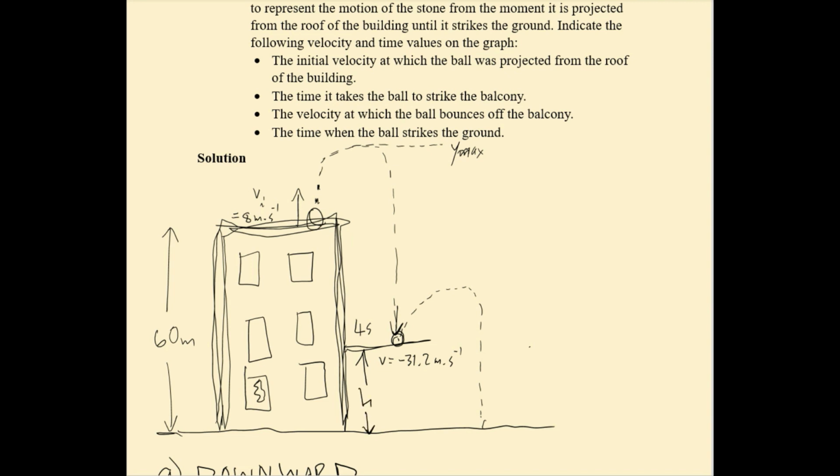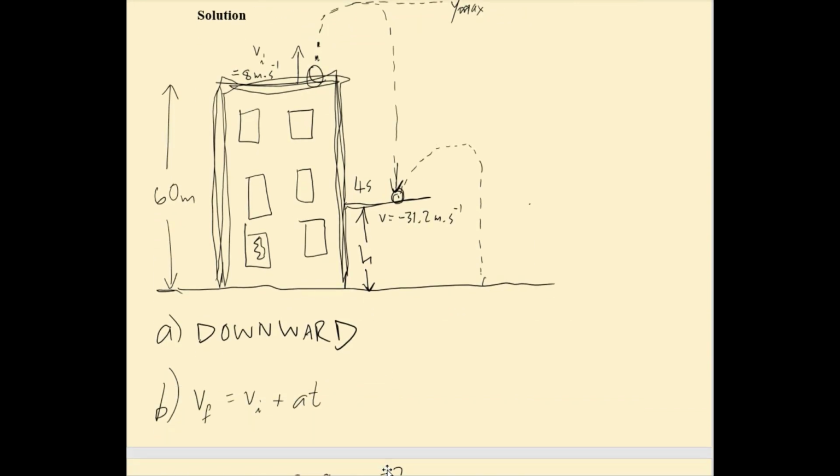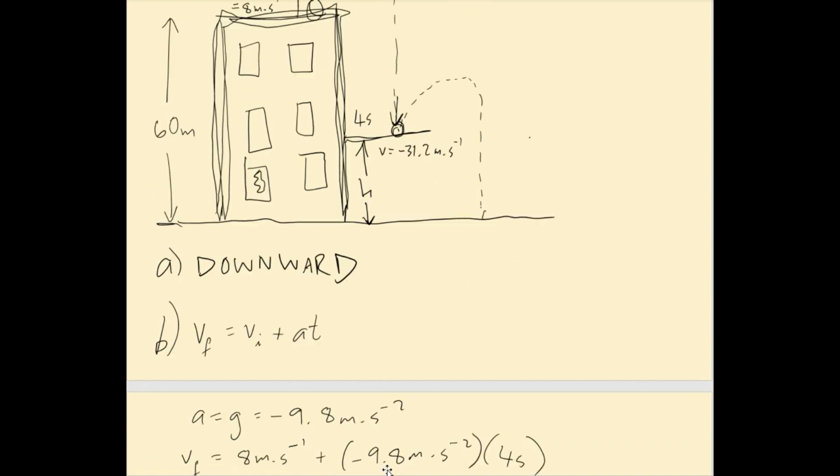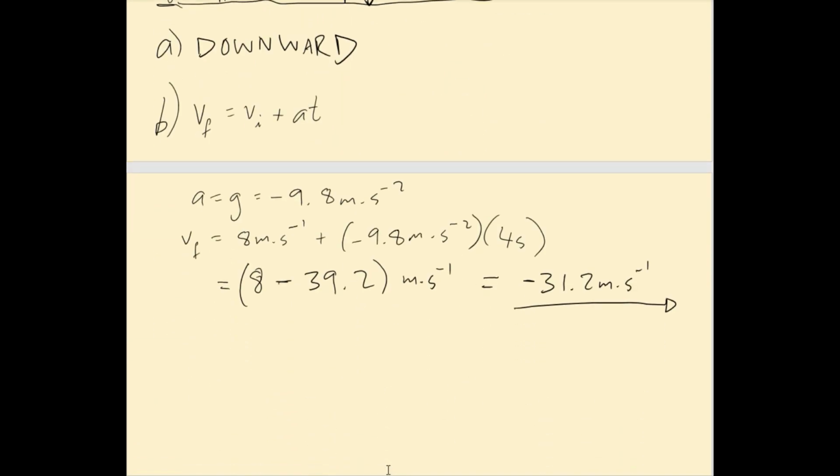So how are we going to do this? Well, what we can do is we can make use of this equation here. So we're dealing with these 2 points.